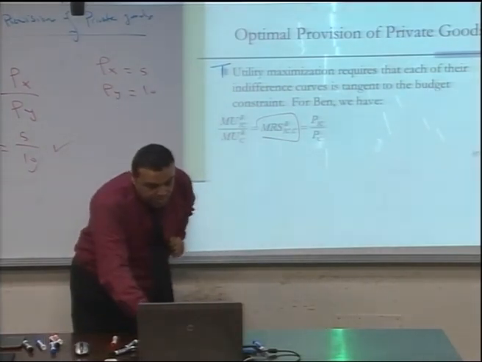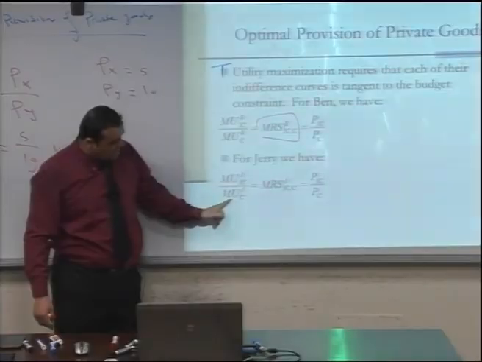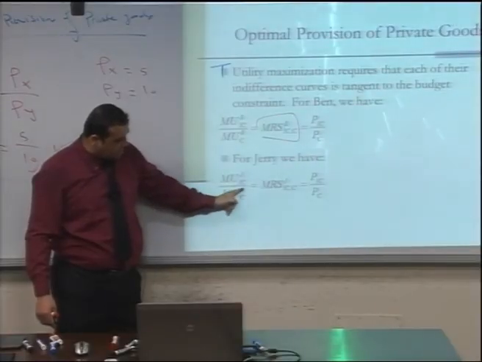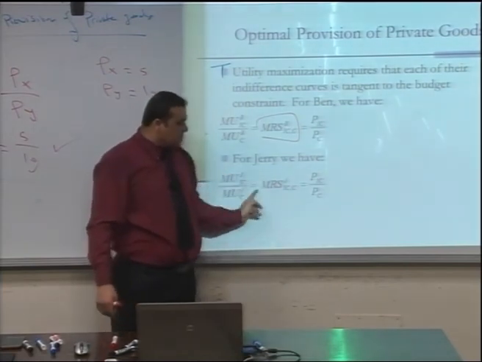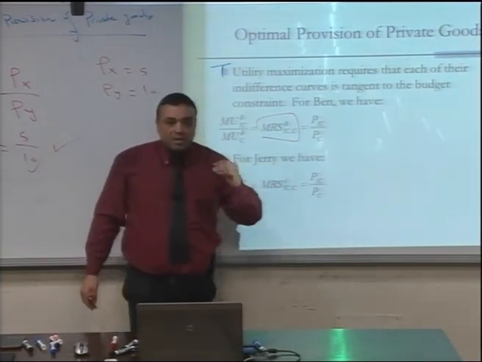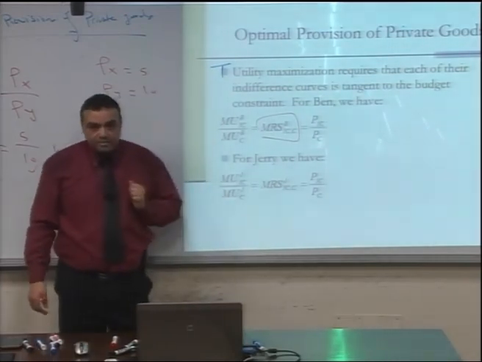The same as for Jerry here. The marginal utility of ice cream or X for Jerry over marginal utility of cookies for Jerry equals the price of X over the price of Y. This is the marginal rate of substitution for Jerry, X for Y.